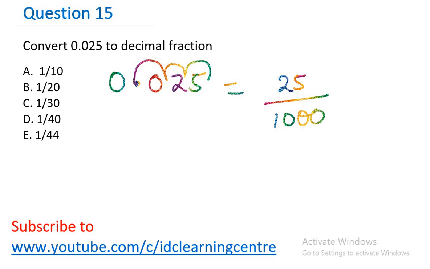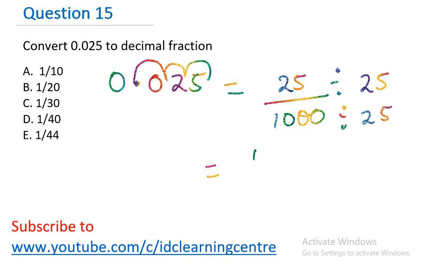If I count 2 places, I'll divide by 100 because 100 has 2 zeros. So this shows that the number of places we count depends on what the denominator would be. So let's divide both sides by 25 so we can express in the lowest term.